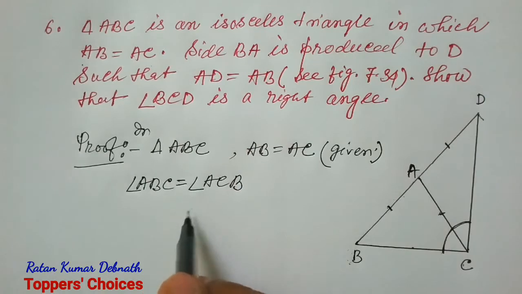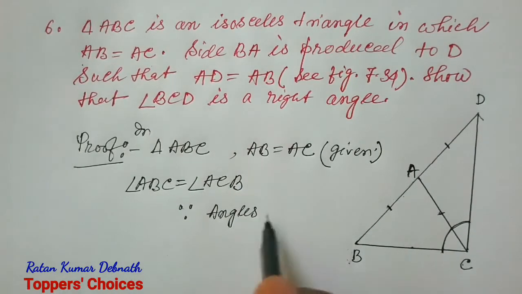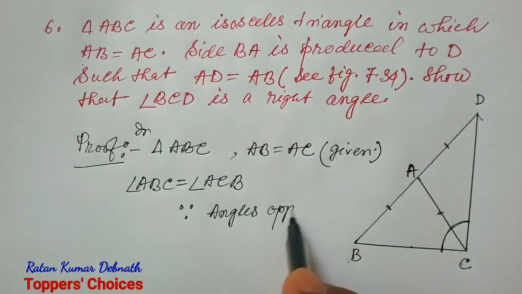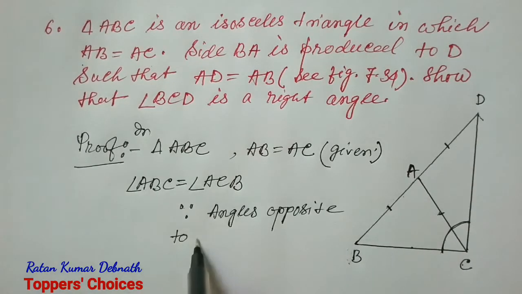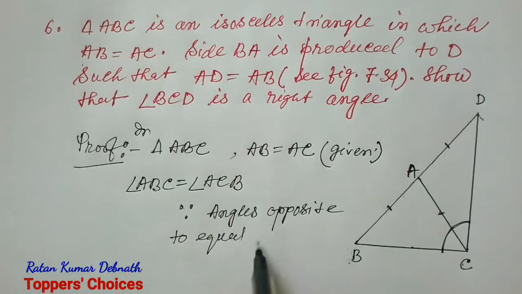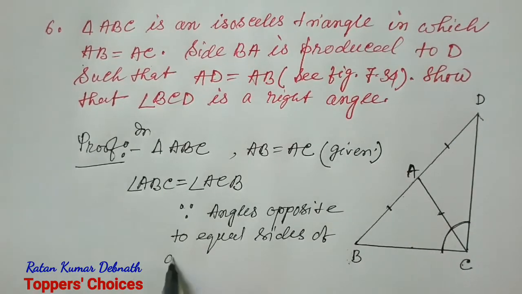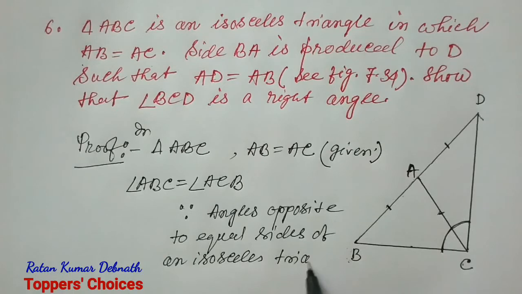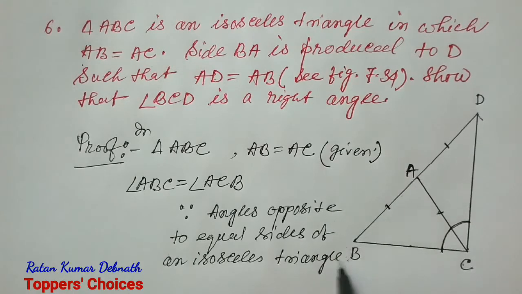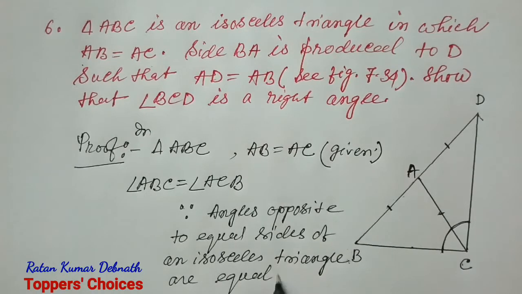This is because we know angles opposite to equal sides of an isosceles triangle are equal.